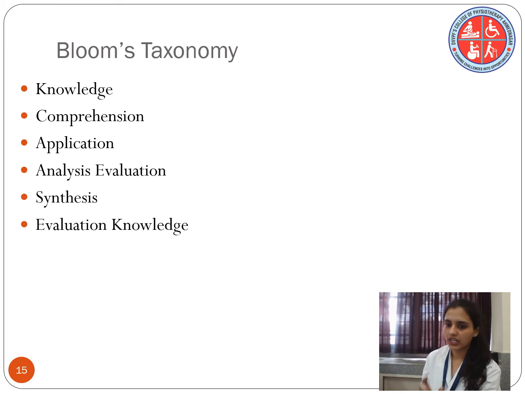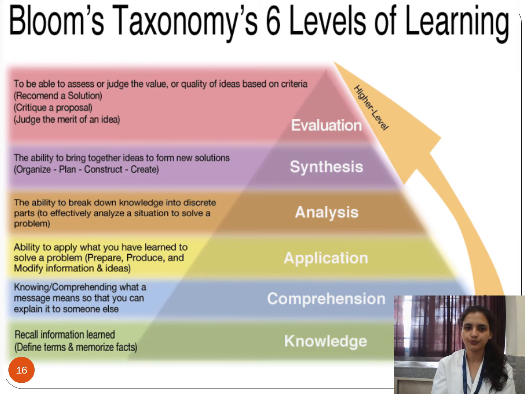Then Bloom's taxonomy. Bloom's taxonomy mainly depends on criteria like knowledge, comprehension, application, analysis, synthesis, and evaluation of the knowledge. These go from a lower level to the higher level.